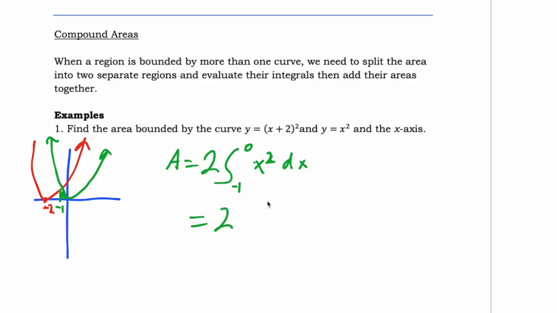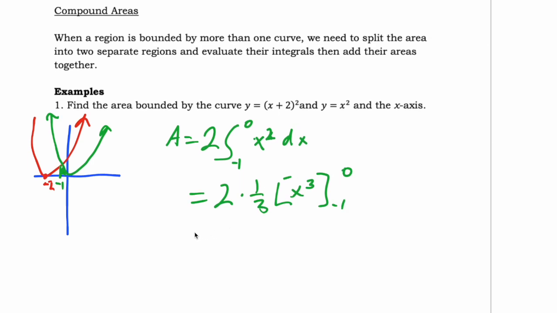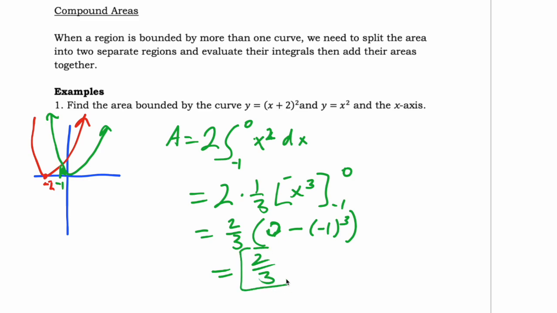So we have 2 times 1/3 x cubed from -1 to 0. So that's like 2/3, and we sub in 0 minus -1 cubed. And that's just going to give you plus 1 times 2/3, so the area is actually 2/3.